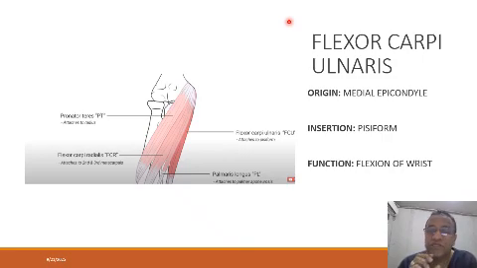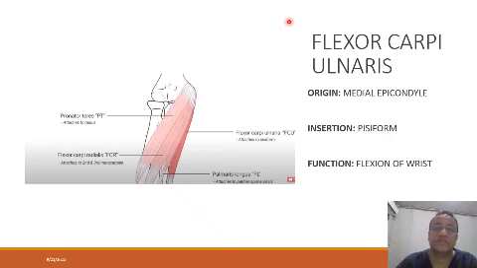When we speak about the innervation of these muscles, pronator teres, flexor carpi radialis and palmaris longus, all three muscles get their nerve supply from the median nerve, while flexor carpi ulnaris gets its nerve supply from the ulnar nerve.